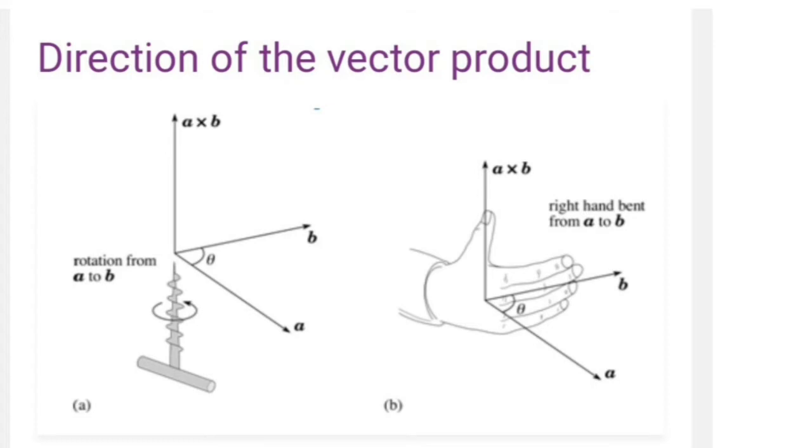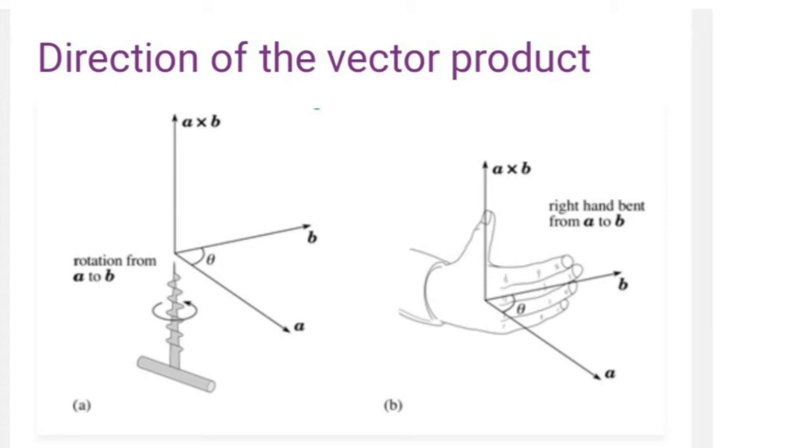So as shown in the figure, we have to keep our fingers of right hand perpendicular to vector A and vector B. That means the plane containing vector A and vector B. Then curl the fingers from vector A to vector B so that the angle swept is less than 180 degree.